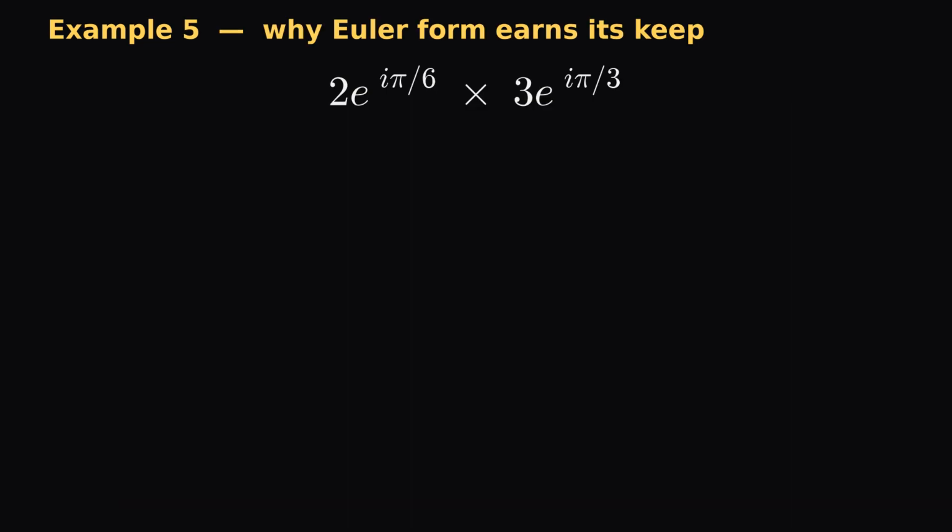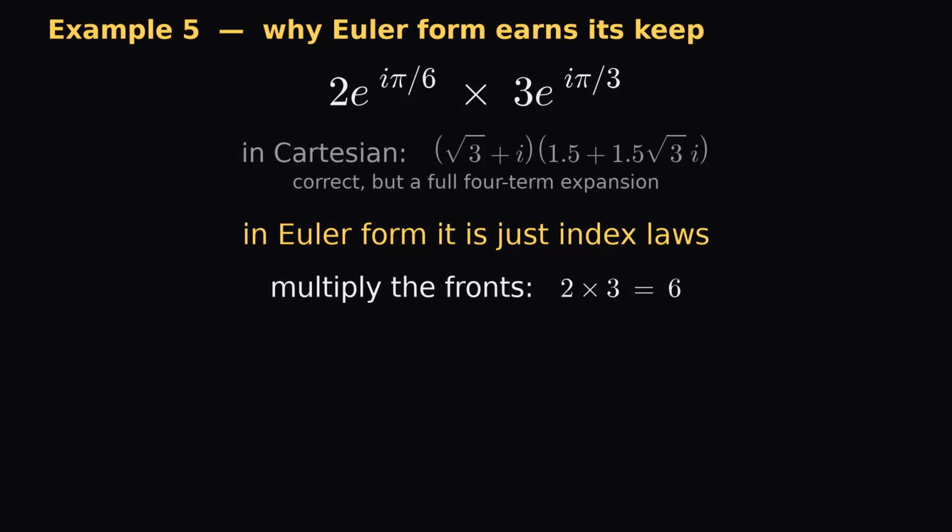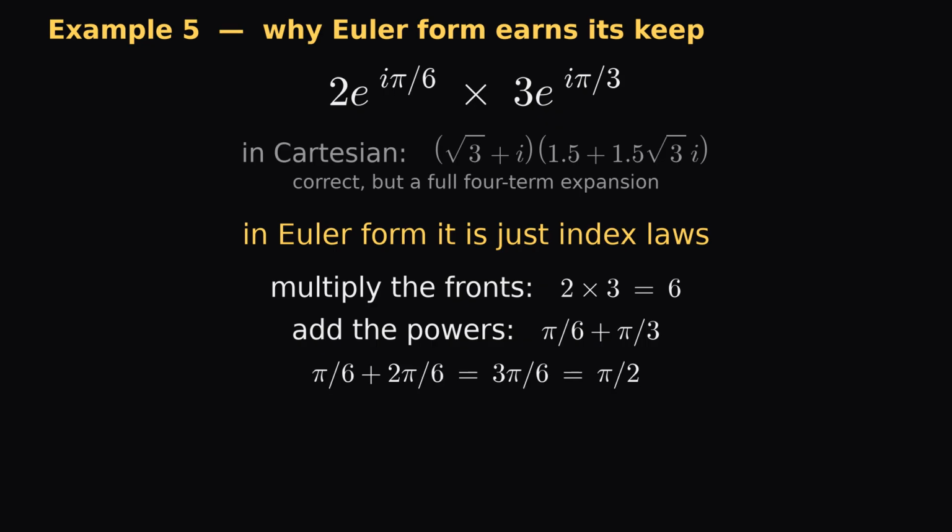Last one. And this is why Euler form is worth the trouble. Multiply 2e to the i pi over 6 by 3e to the i pi over 3. In Cartesian, this would be a full expansion. In Euler form, it's just index laws. Multiply the fronts. 2 times 3 is 6. Add the powers. Pi over 6 plus pi over 3.